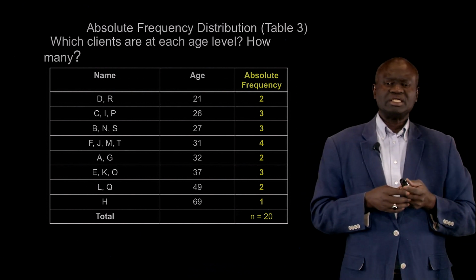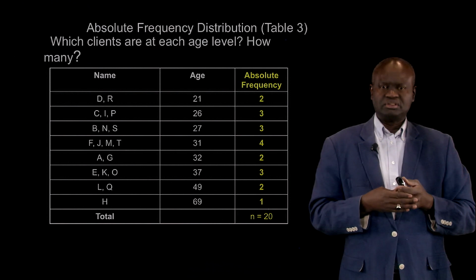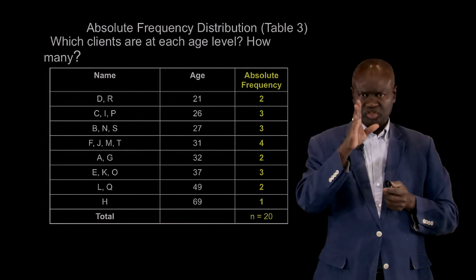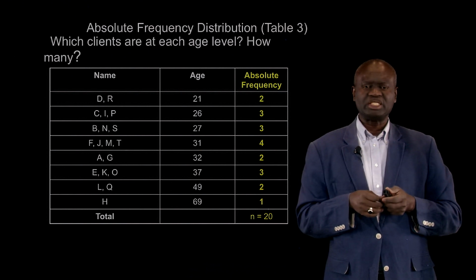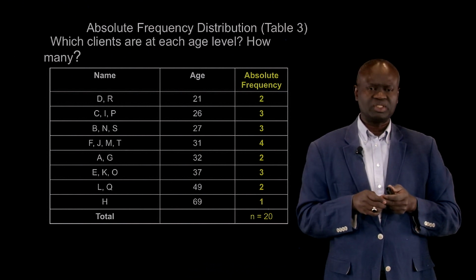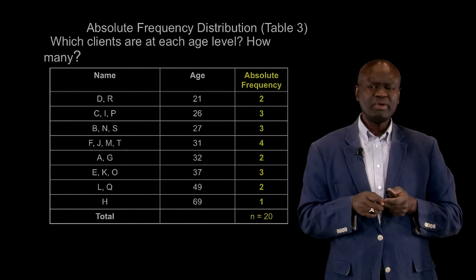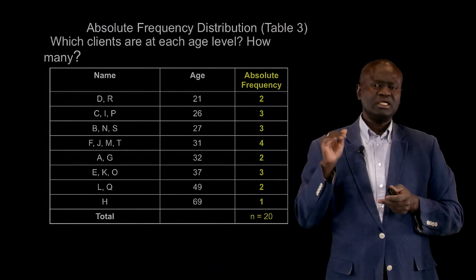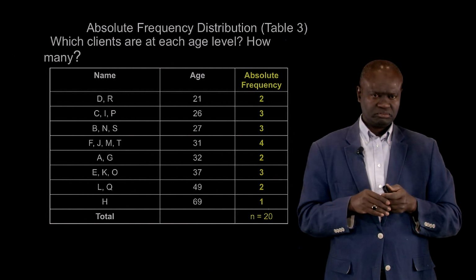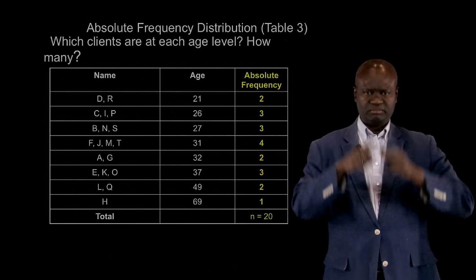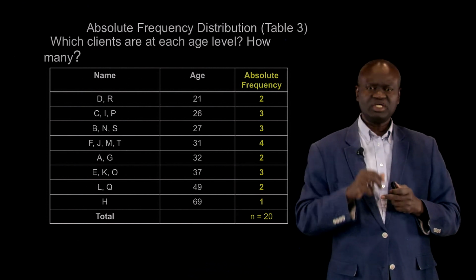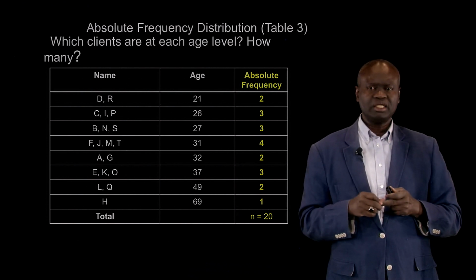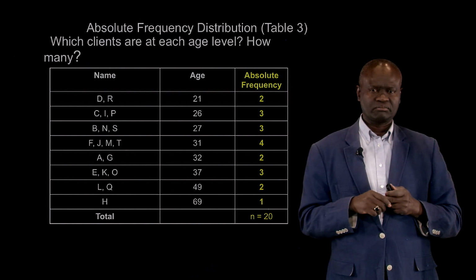On that column of absolute frequency, what does absolute frequency mean? In that column, we count how many people are 21. In that big list of clients, we have only 2 people who are 21.